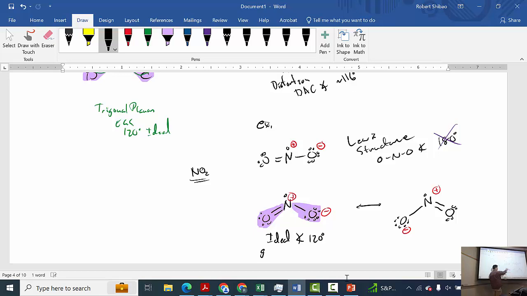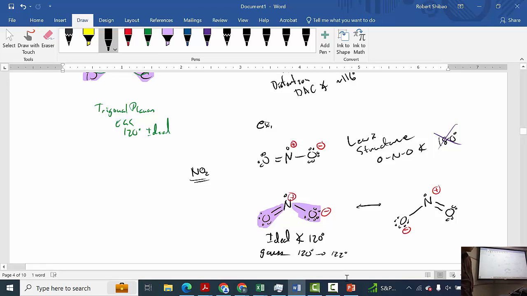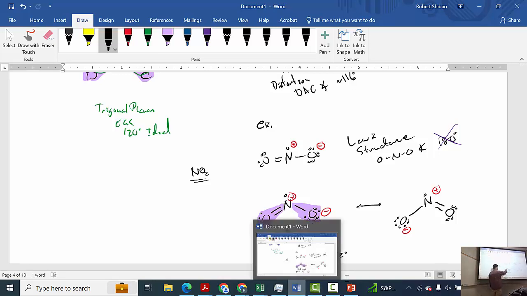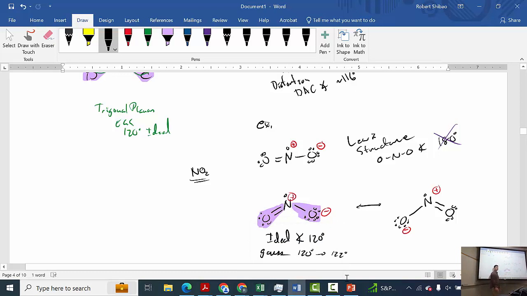We'll treat the lone electron like a bonding pair, and so they'll compress that. And so this will expand to about maybe 122 degrees. This is just a guesstimate. Because of the double bond here. Does that make sense? It's just a guess.